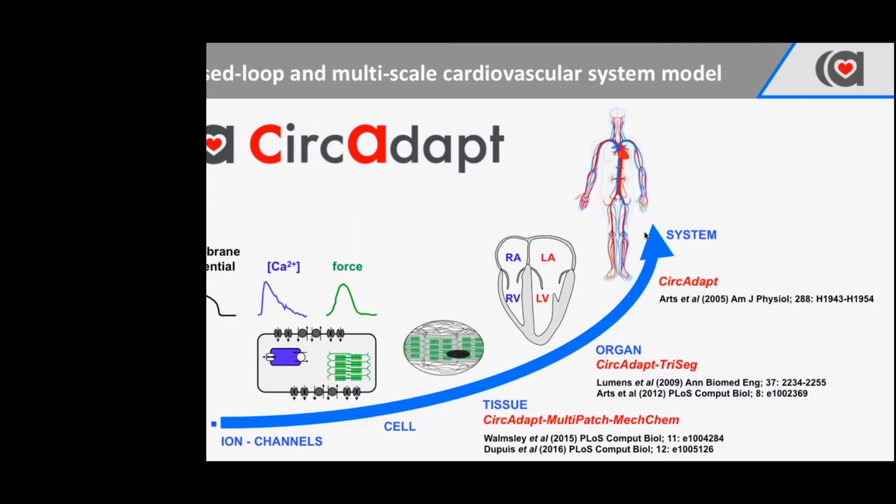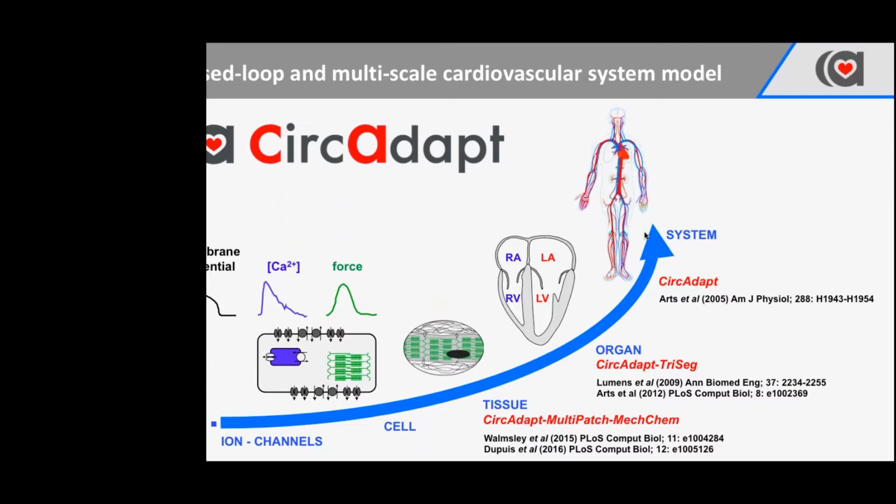So we started with the system, the original CircAdapt description, which was in 2005 by Arts, me, Peter Bovendeerd, and Prinzen. At that very moment we were only able to mimic the hemodynamics and mechanics of two spheres for the ventricles and two spheres for the atria, connected to a couple of tubes.